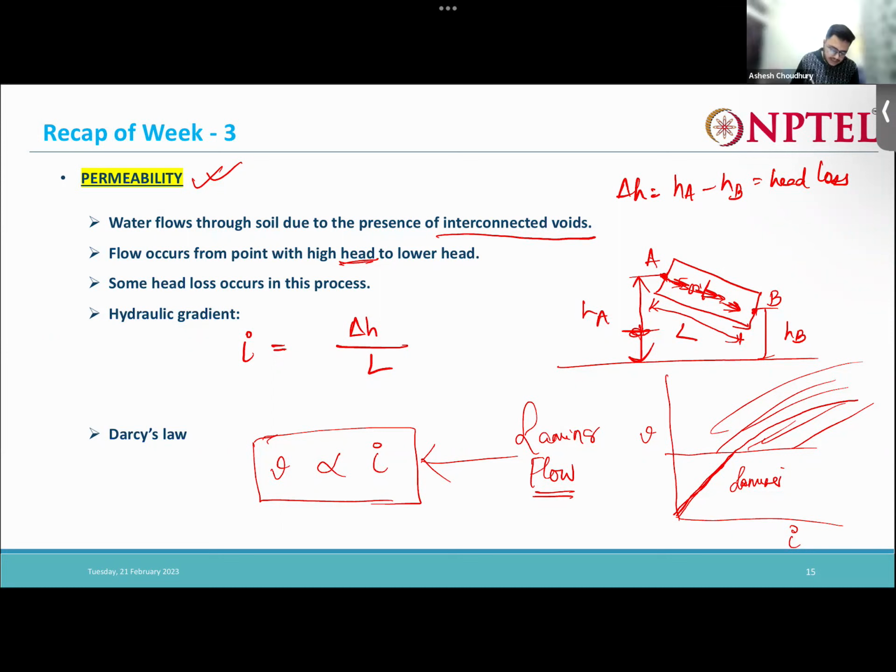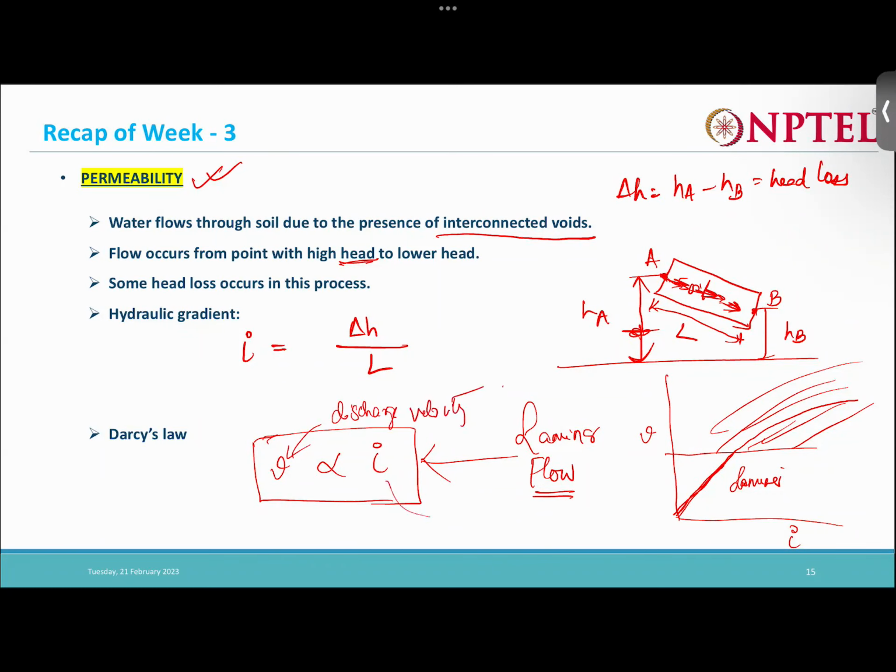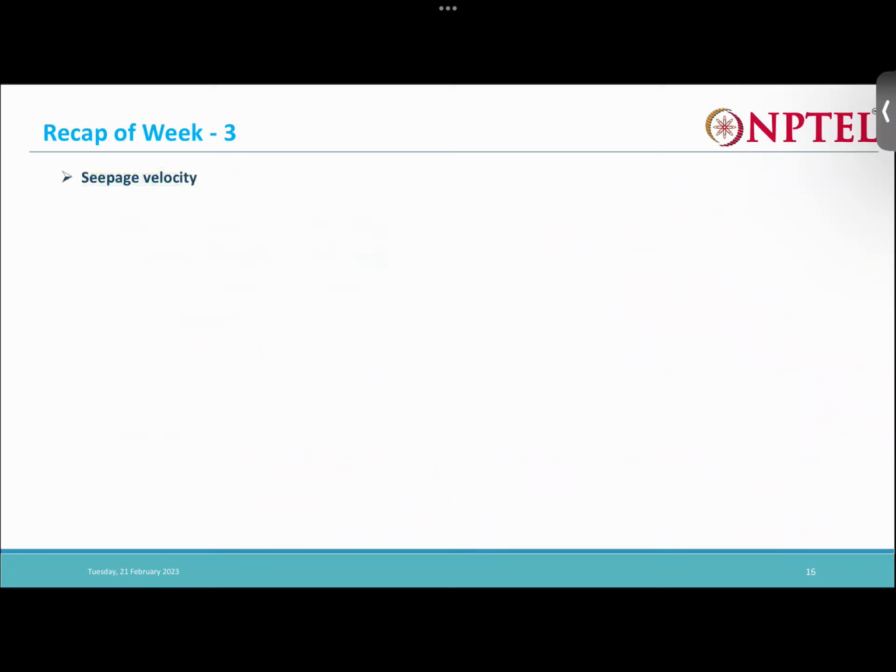Here V is called the discharge velocity, and this is my hydraulic gradient. Now one more very important term which comes is the seepage velocity.